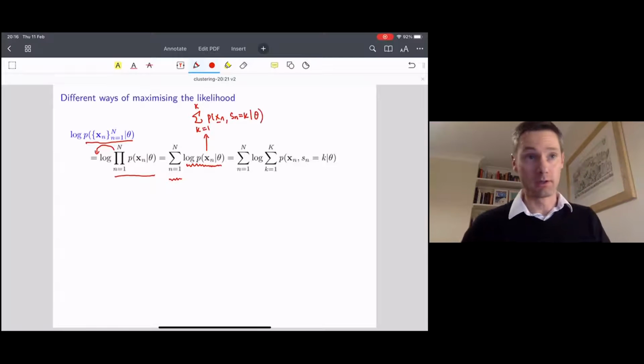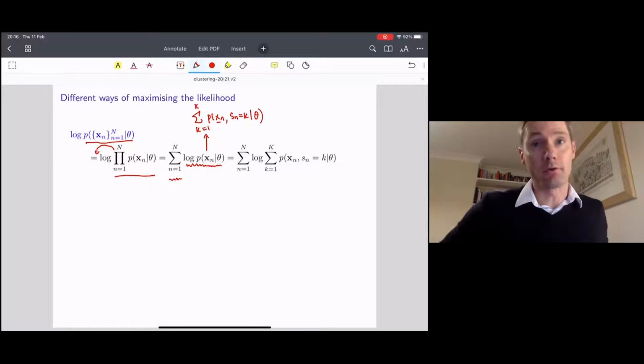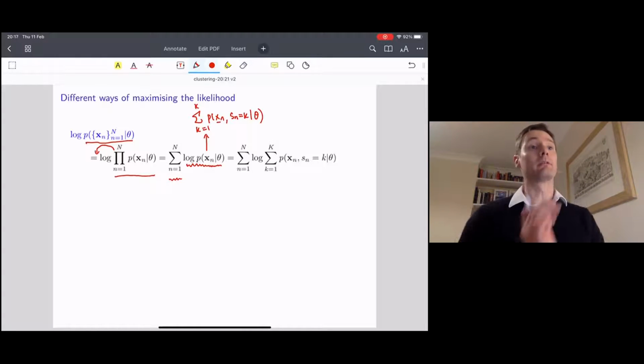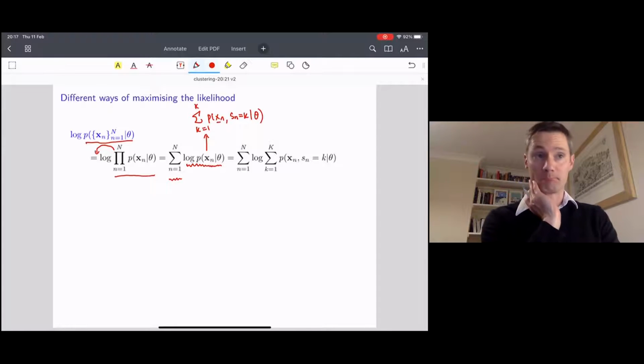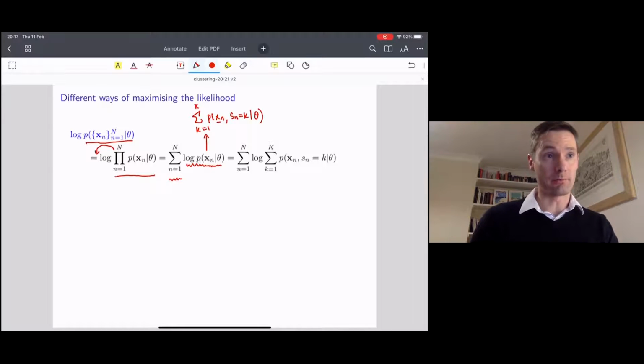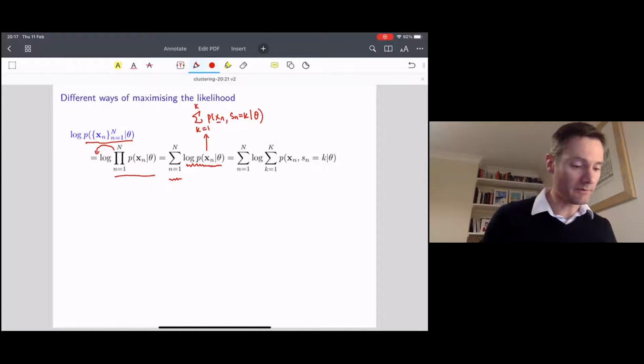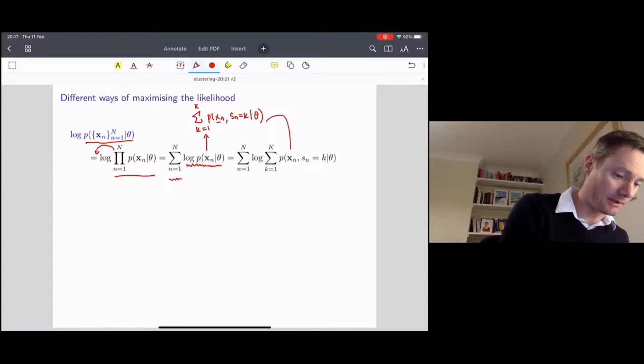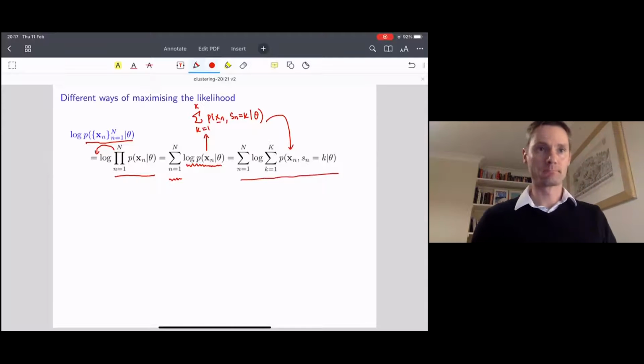This is just the sum rule where we're summing out over all of the possible clusters that data point xn could have come from, and summing up all of those probabilities just gives us the probability overall given the model parameters. That's what's been substituted in here to derive this next formula.